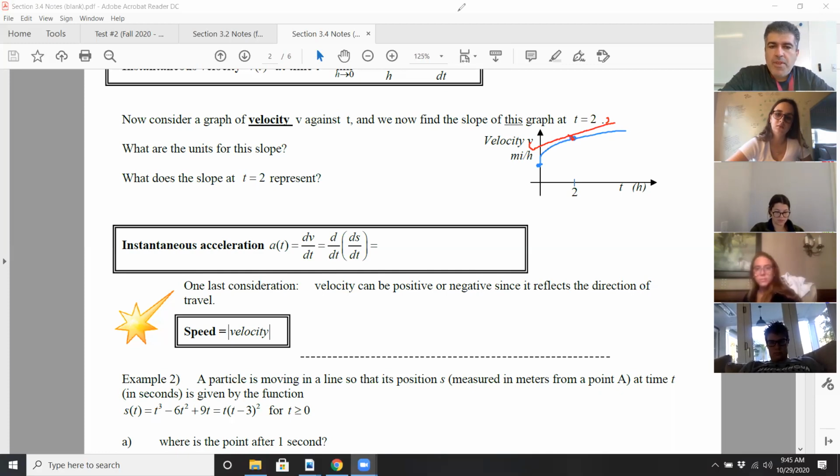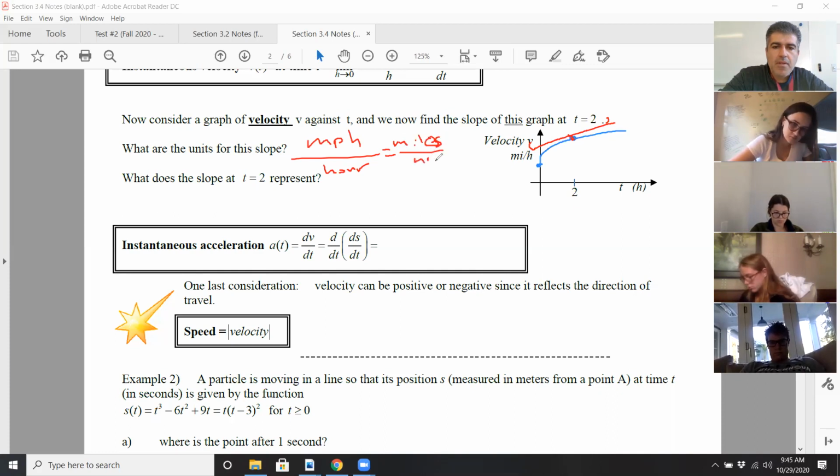Now, what are the units for this slope? That's going to be miles per hour over hours. Because essentially what you're doing is miles over hours divided by hours, which becomes miles per hour squared.